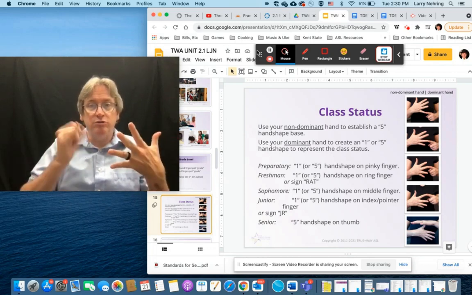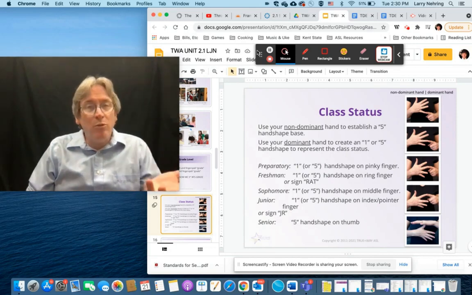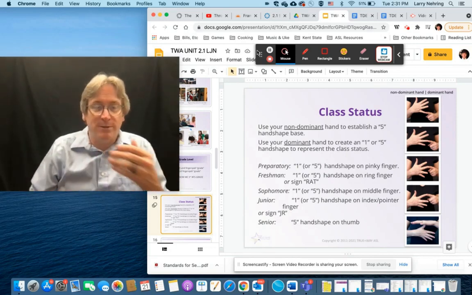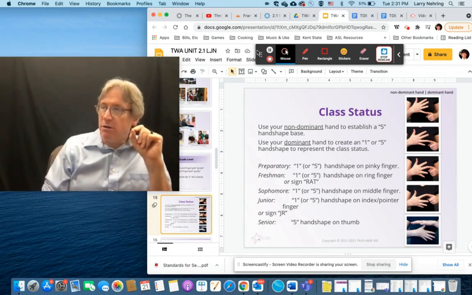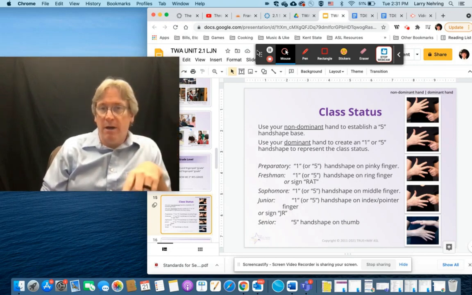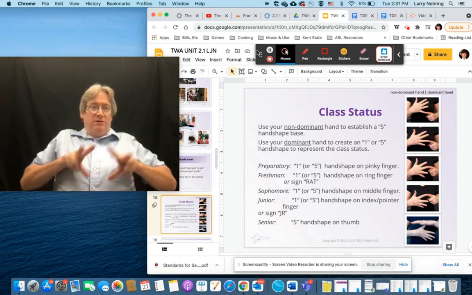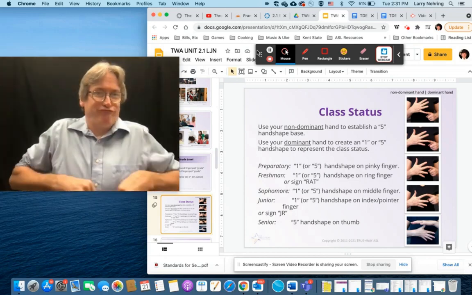You can also do, people will sometimes sign rat for freshman. I don't see it that often. I feel like there are lots of schools that have nicknames. I don't remember which school it was that signed diaper, like this, but diaper for freshmen.